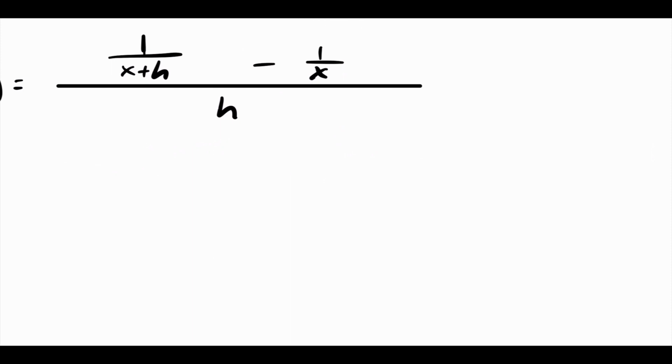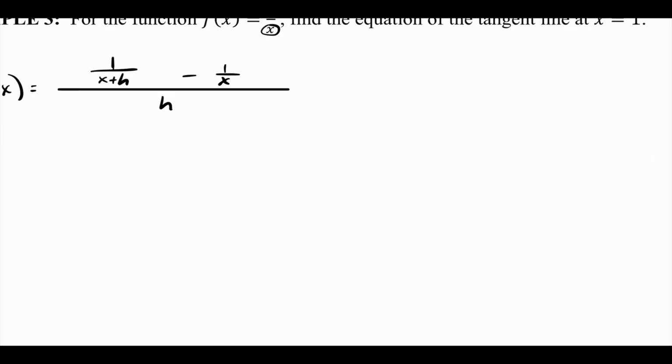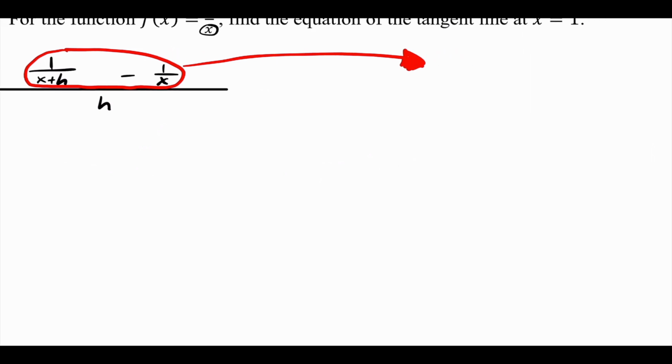You do the top, right? You found the common denominator of the top, right? So let's focus on the top first. I'm going to kind of cut this part out and then bring it back. So we get 1 over x plus h minus 1 over x, right?